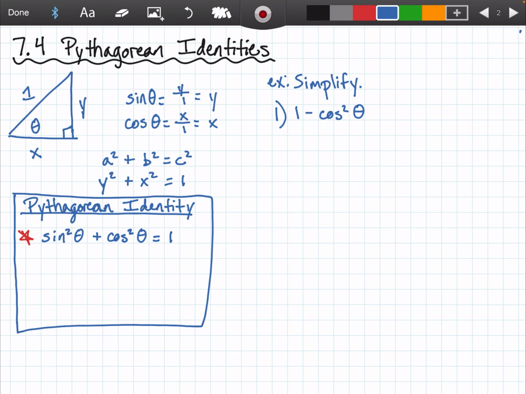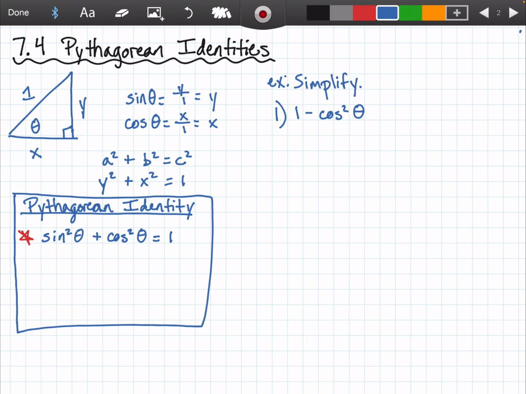Let's say I have 1 minus cosine squared. I want you to tie this to what I just learned, to the Pythagorean identity over here. How do those relate to each other?